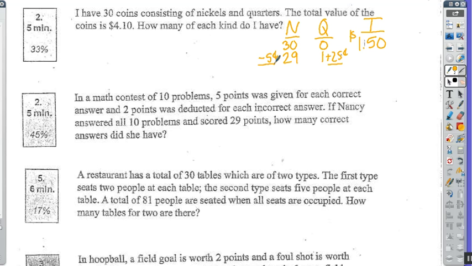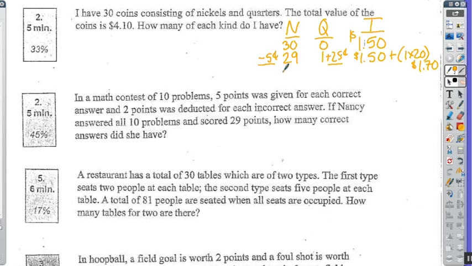So if 30 nickels gave me $1.50, and I'm adding 20 cents by doing this, I'm basically saying $1.50 plus 1 times 20 cents, which would give me a total of $1.70.